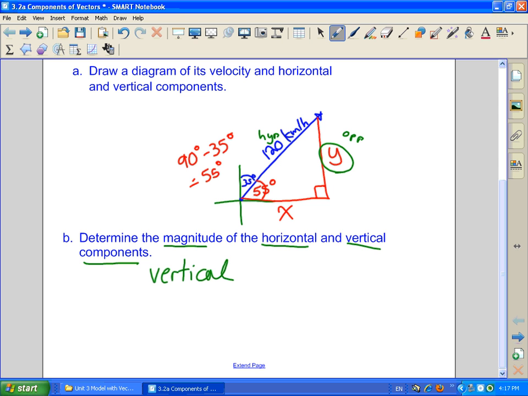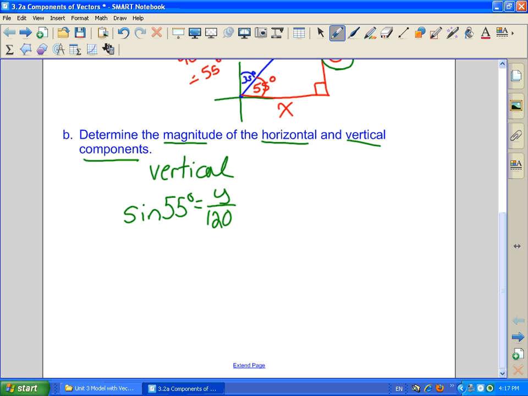So according to SOHCAHTOA, what ratio am I going to use to help me sub that in? And hopefully you realize that's the sine ratio. So what do we know? We know that it's going to be the sine of that angle, 55 degrees, equals the opposite side, which is y, over our hypotenuse, which is 120. To get y by itself, you cross multiply, so y equals 120 times the sine of 55 degrees.